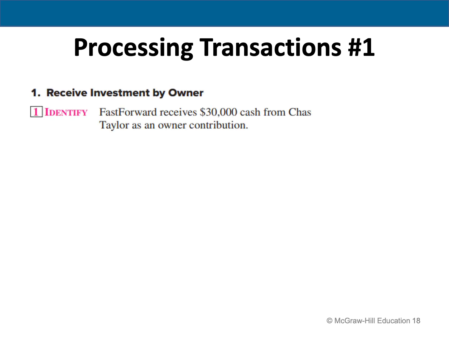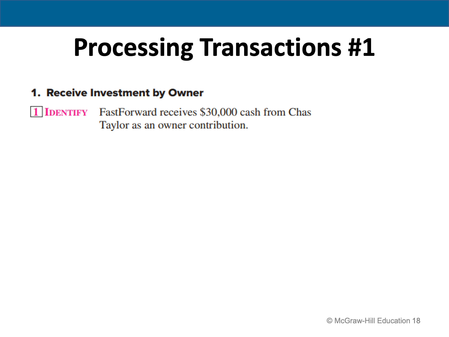Okay, so let's see the first processing, transaction number 1. As we said, when we are processing the transaction, we have 4 steps. The first step is to identify the transaction. So we have here, fast forward, they received 30,000 cash from Chess Tyler as an owner contribution. So Chess Tyler invested his money to start up a business and he paid 30,000 as cash.